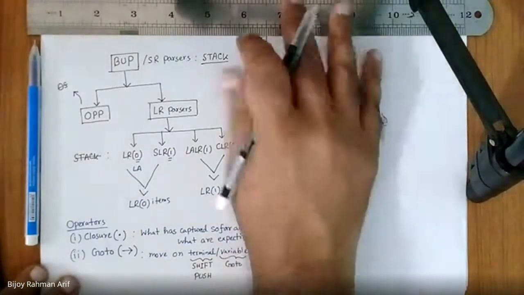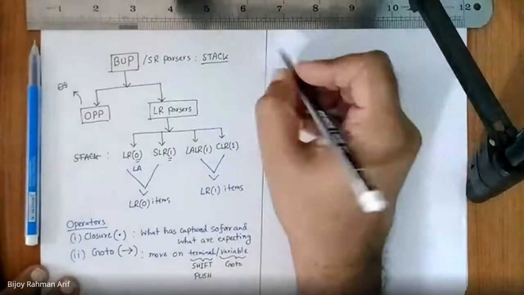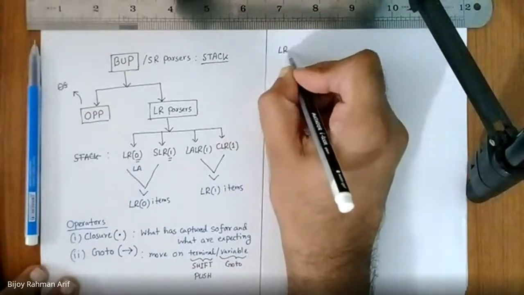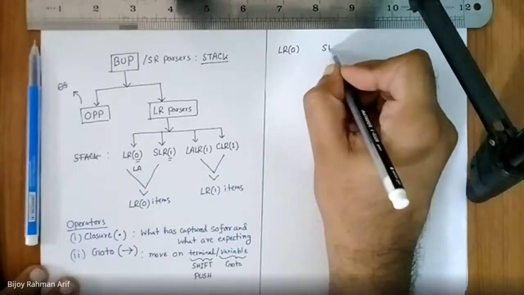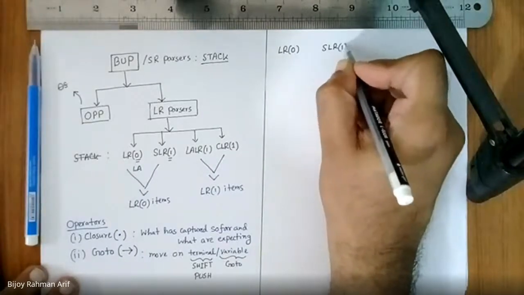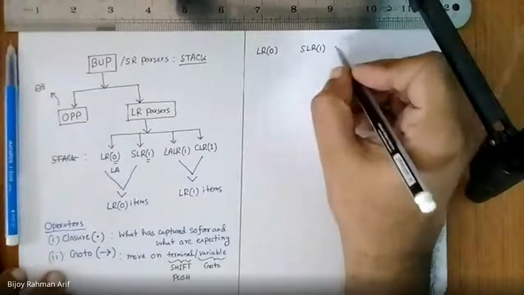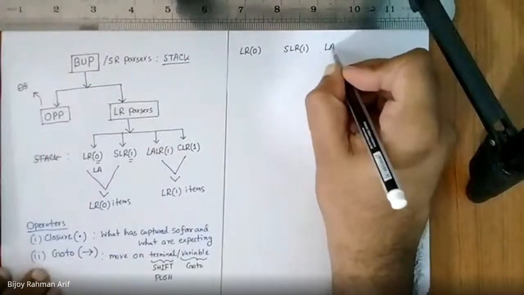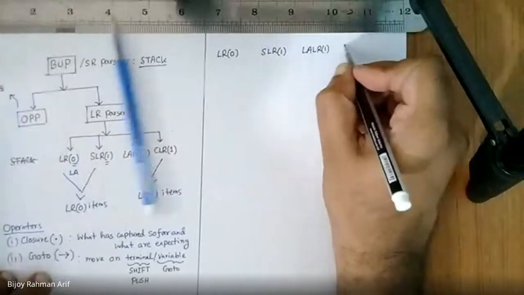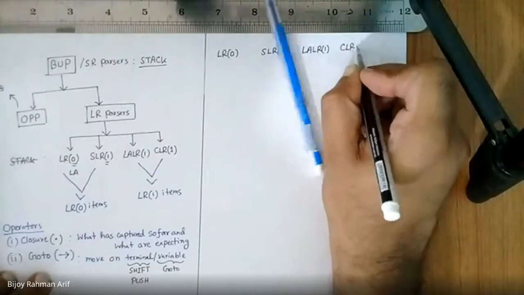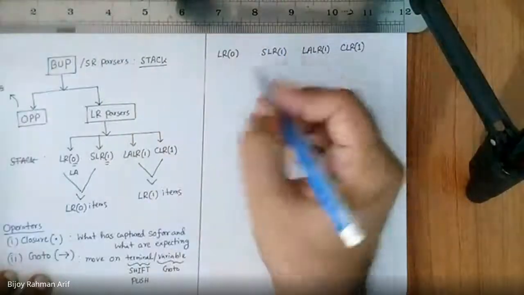Now, let's talk about LR0, SLR1, LALR1, CLR1. In all these parsers, the parsing algorithm is the same. Am I right?